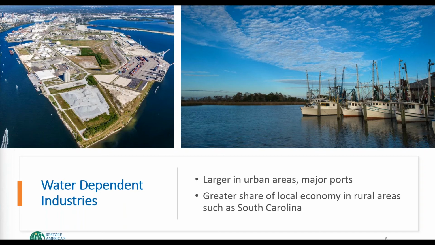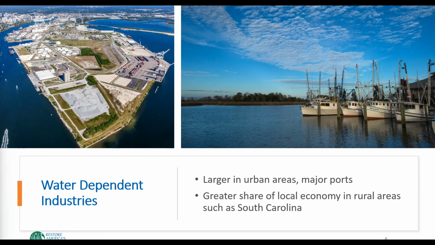In large urban metropolitan areas, in absolute numbers, the water dependent industries are much larger. And in this time of really out of whack supply chains, suddenly the Port of Los Angeles is making headlines all over the place, and we're all thinking a lot about the need to invest in the infrastructure of our water dependent resources in our big metropolitan cities.